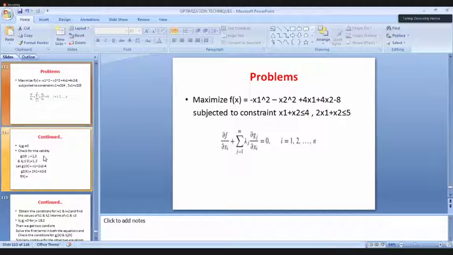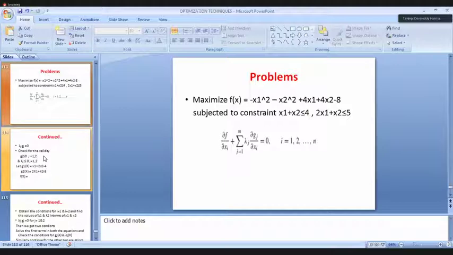You can write dou f by dou x1 plus, substituting j equal to 1, lambda 1 dou g1 by dou x1 equal to 0. That is the first equation. Then I put i equal to 2: dou f by dou x2 plus lambda j dou gj by dou x2. Don't change the j value, keep j as the summation only.